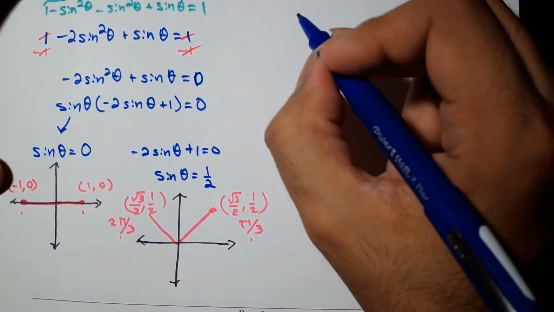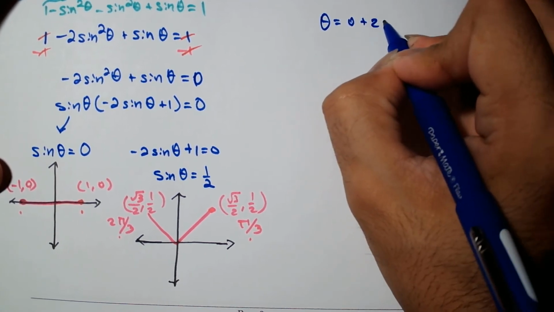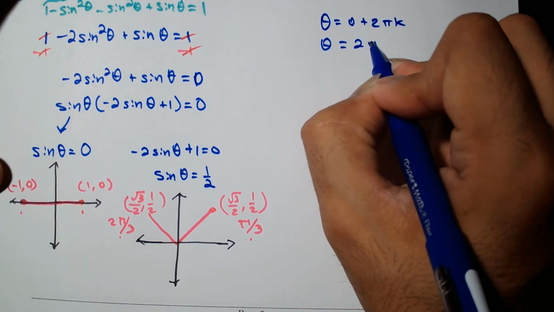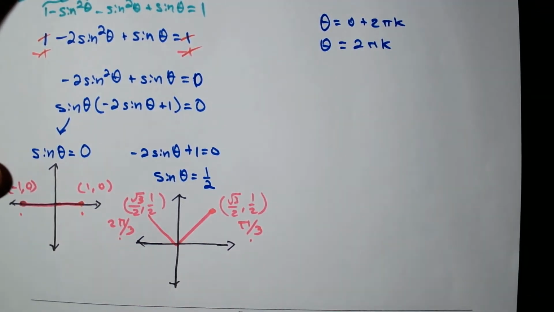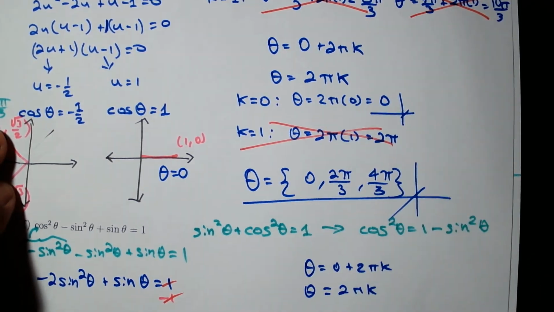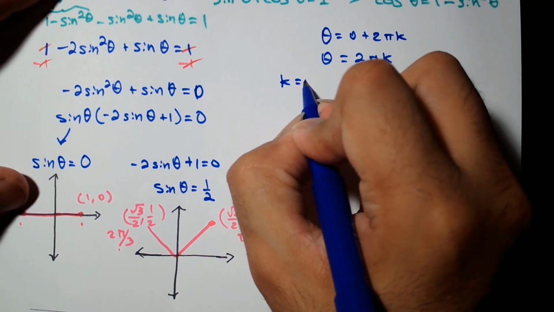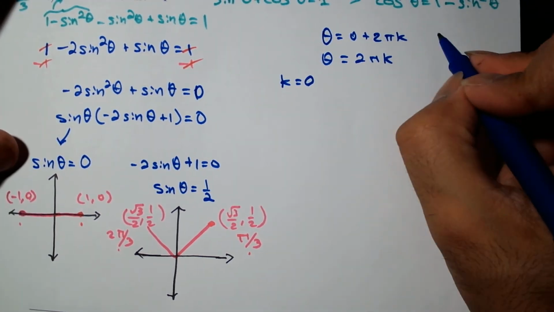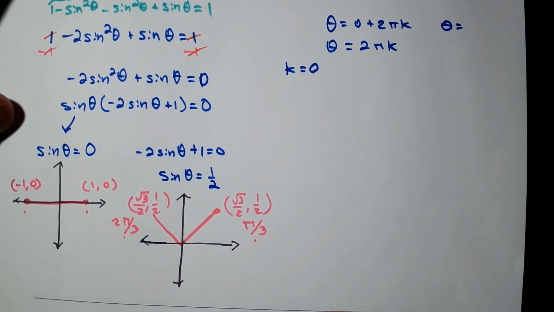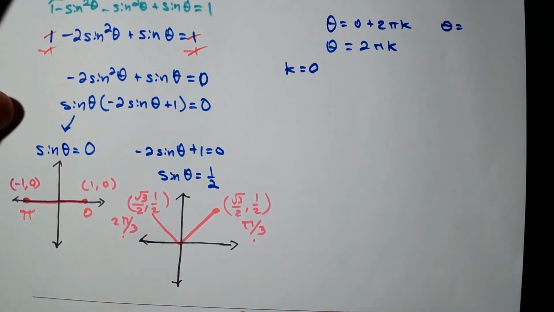For sine equals 0, that's theta equals 0 plus 2 pi k, which reduces to simply 2 pi k. And we already did something like this in the previous example, remember? The only solution is going to be good for k equals 0. And then we're going to do theta equals, okay, so that was 0 radians and pi radians.